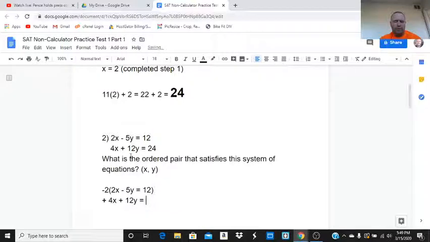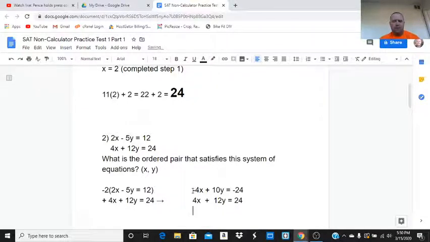4x plus 12y equals 24. Okay, so let's move that over here. So -2 times 2x is -4x. -2 times -5y is positive 10y. -2 times 24 is -24. Okay? And then we, of course, add it to 4x plus 12y, which equals just 24. So we add these together.